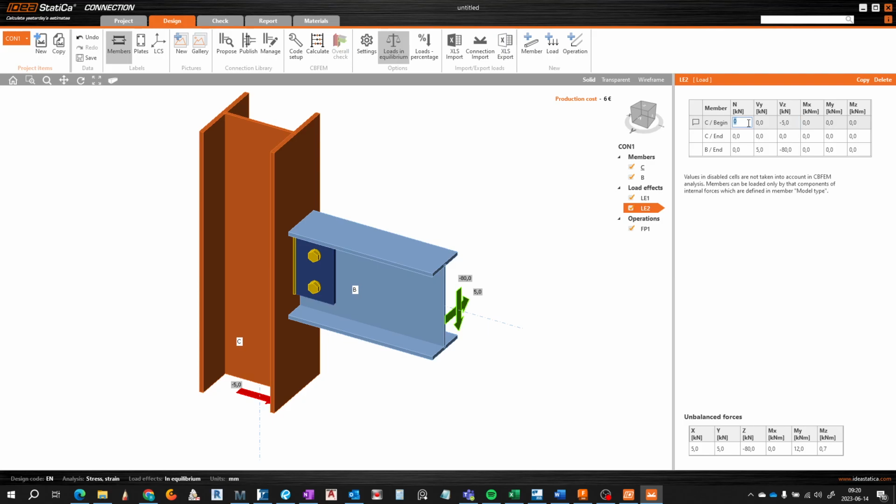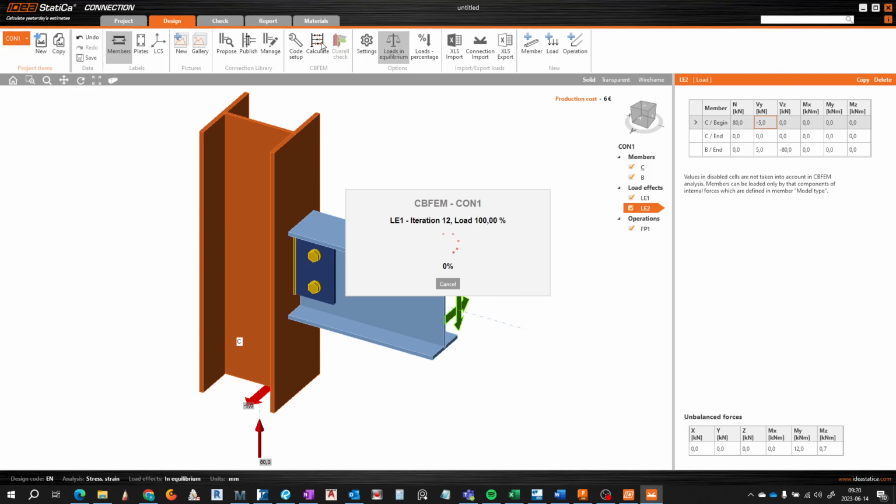Here is 80, is 0, and in the y direction -5. So right now we have balanced forces, 0, 0. Right, we have a little moment, but we will look at that later. So we can make a calculation for this simple steel connection.